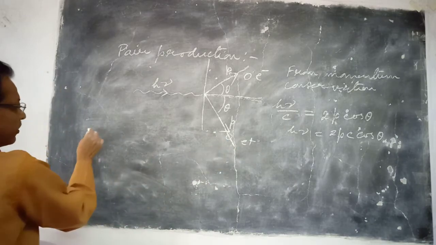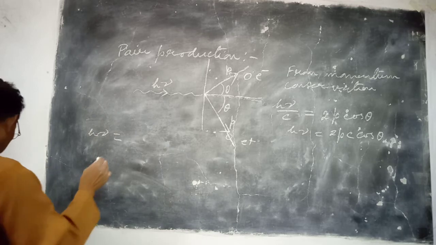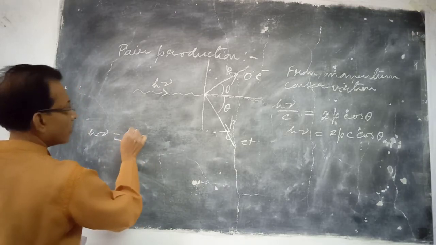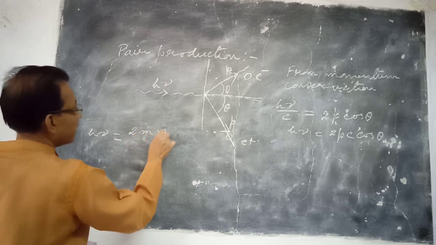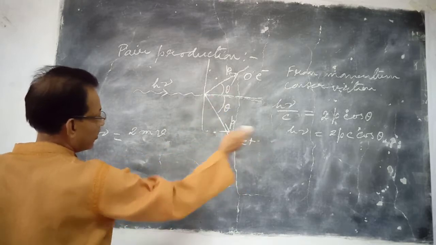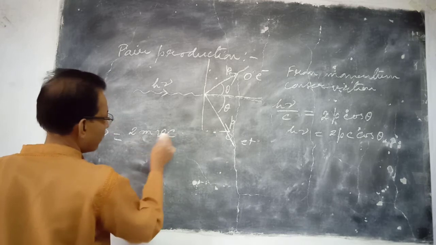Suppose v is the velocity of the electron and the positron, so p is equal to mv, and h nu is twice mv c cos theta.